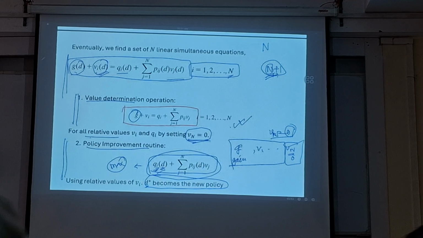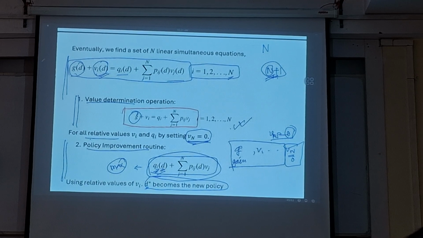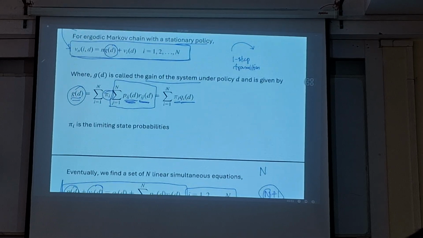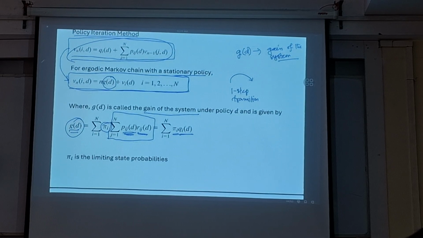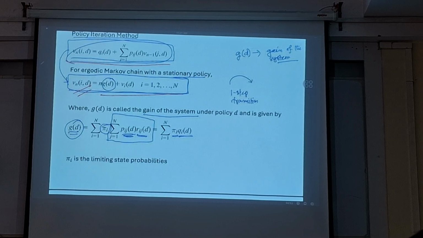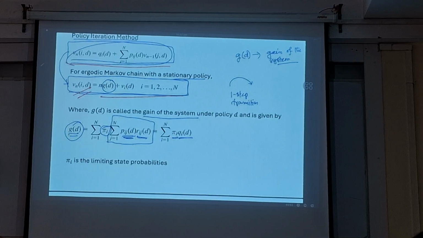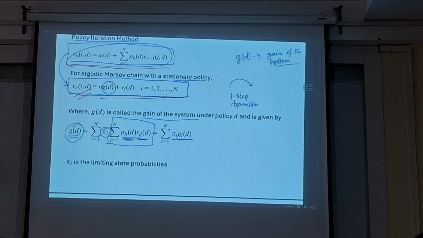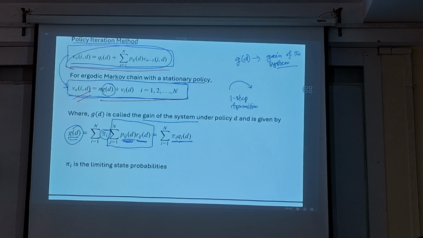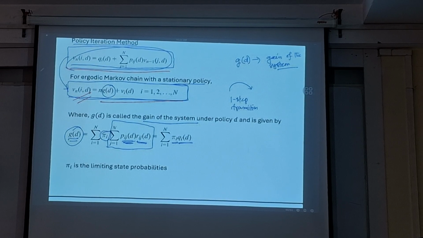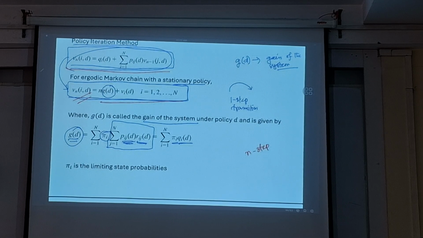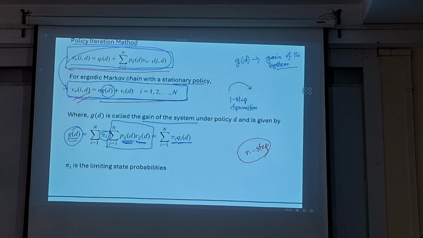Just please follow. What we do, like the previous one in value reduction method, we have the same equation. This one. Now, why the equation has been changed? The equation has been changed because we are considering a situation where on the infinite horizon, it is running forever. Now, when this chain is running forever, and you need to calculate the gain in n step, then how do you calculate it?